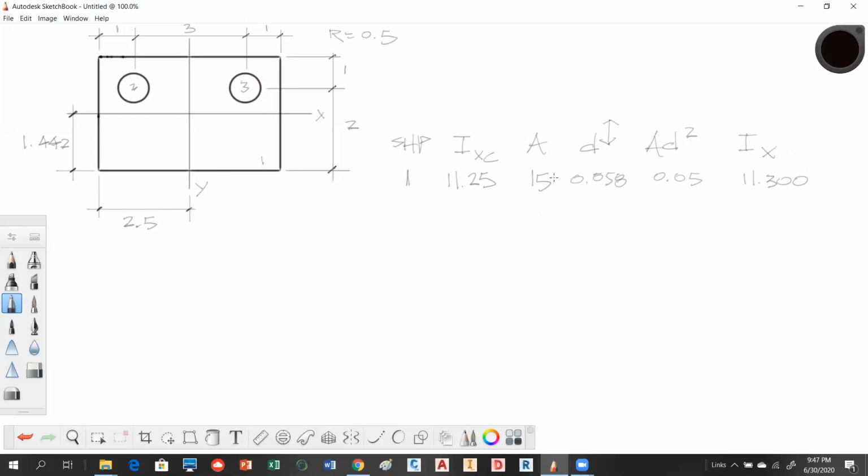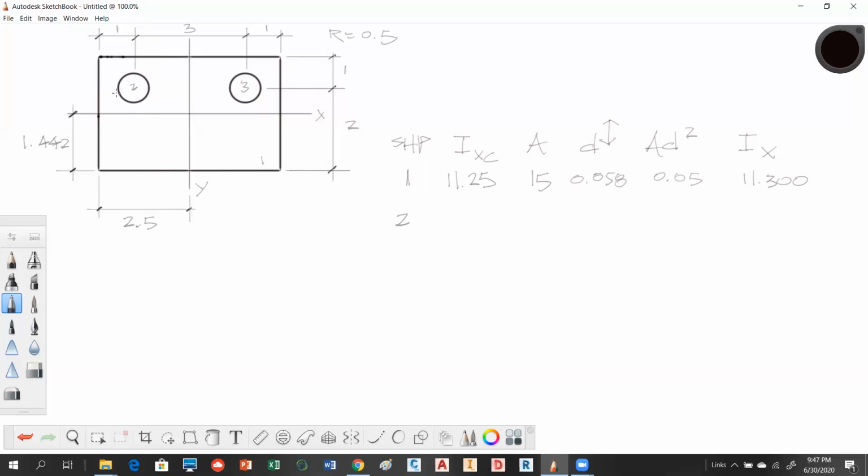Okay, so we're going to look at shape 2, which is a circle. If you go back to chart 7.1, you'll notice that the circle's moment of inertia is pi r to the 4th divided by 4. Interestingly, for the circle it doesn't matter whether you're looking this way or that way, it'll turn out to be the same number in any direction.